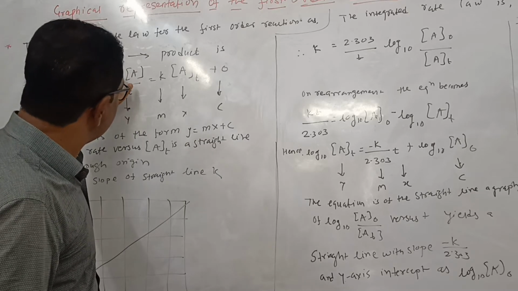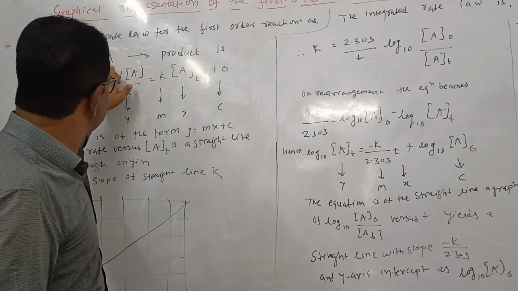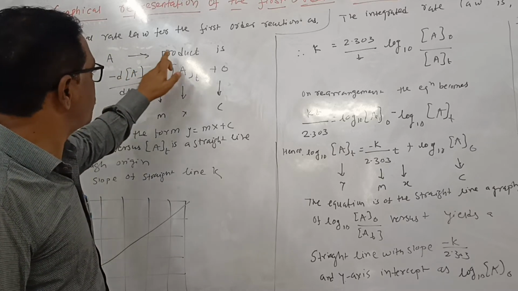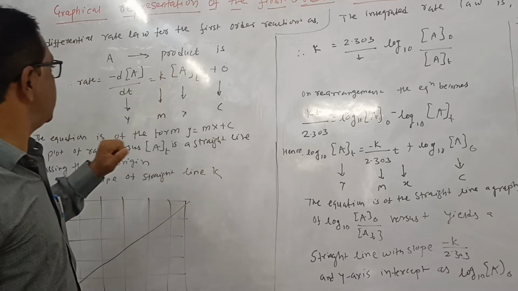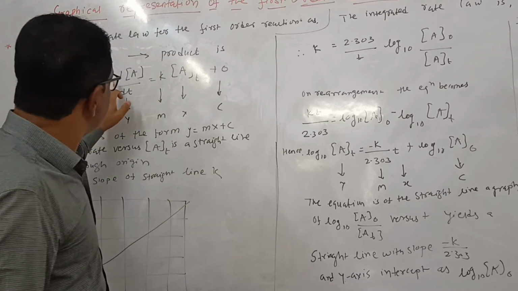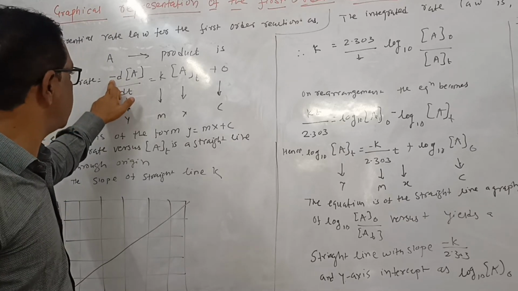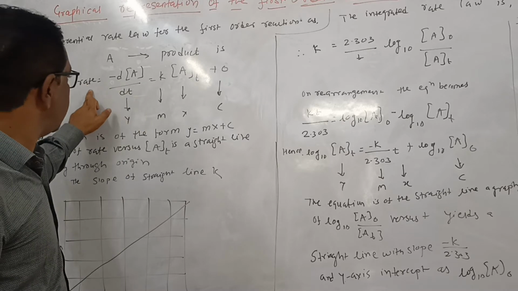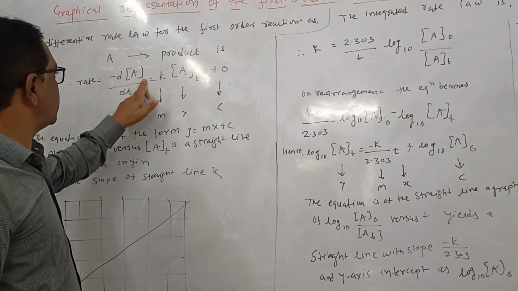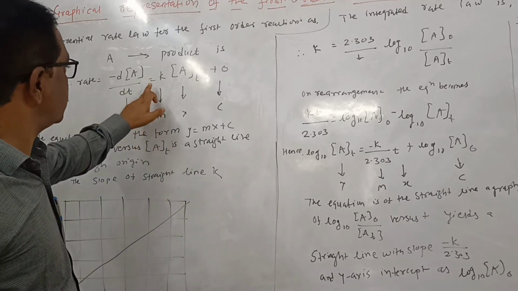Therefore rate is equal to small d. We know that small d means small change. Rate is equal to small d concentration of A upon dt.